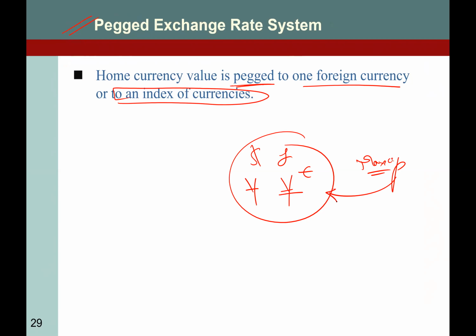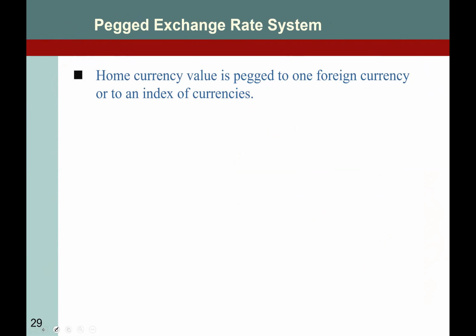You peg or attach your currency with an index, with a pool of these, or just attach it to the dollar. If the dollar moves upward, your currency moves upward. If the dollar goes down, your currency goes down. We call this pegging. Now the question is, why would a country do that?